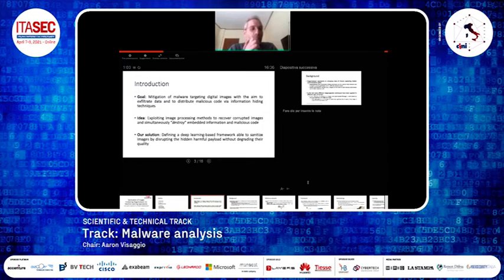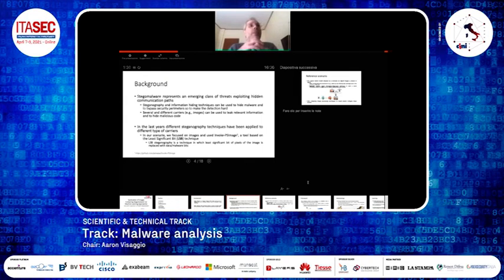The idea consists in exploiting image processing methods to recover corrupted images and simultaneously destroy embedded information and malicious code. So we defined a deep learning-based framework able to sanitize digital images by disrupting the hidden malicious payload without degrading their quality.